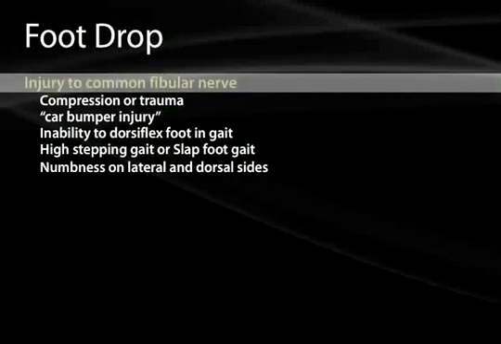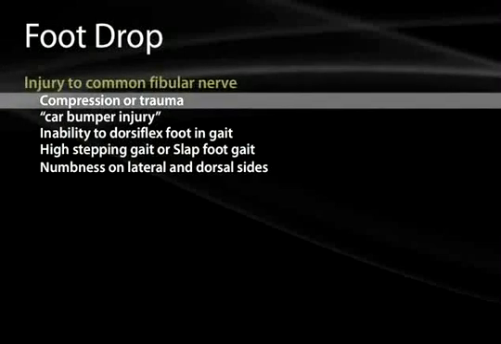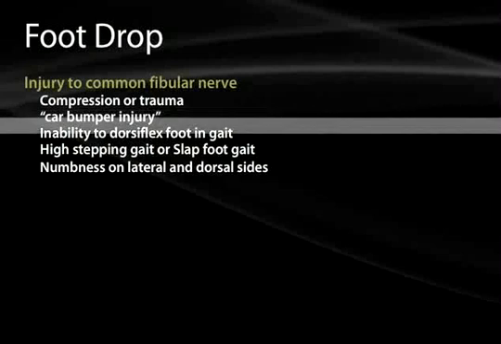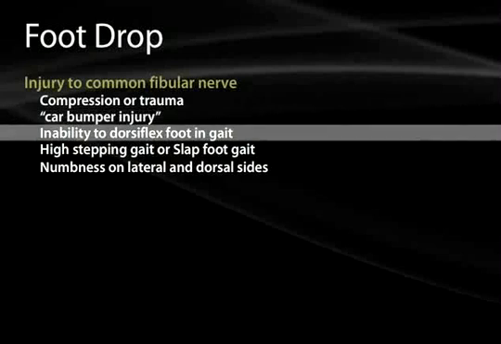When we move on to the foot drop, you can see here that we've got a common fibular nerve coursing around the lateral aspect of the femoral head, and it can be damaged through compression or, as we said, a car bumper. It's going to result in the inability to dorsiflex the foot.